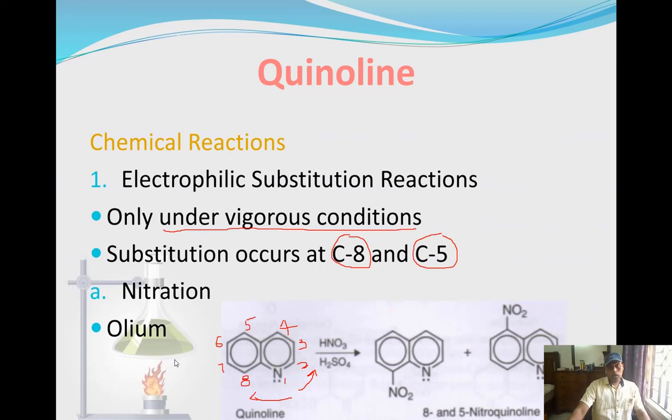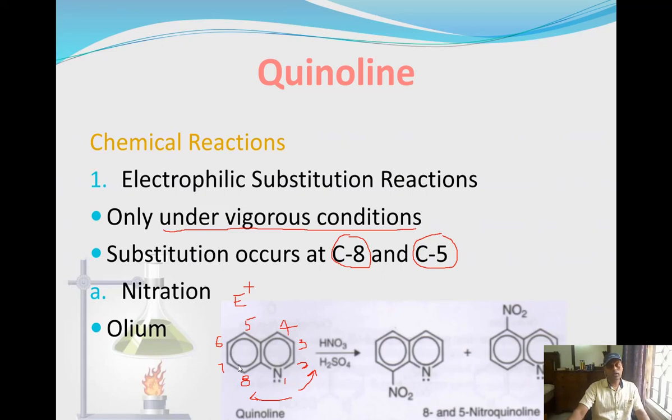Alright, now you observe one thing here: substitution is going to take place either on the pyridine ring or the benzene ring. Which is going to support electrophilic substitution more? That is the benzene ring, because benzene has more electron cloud. What is the electrophile? The electrophile has a positive charge. It is a Lewis acid, positive charge.